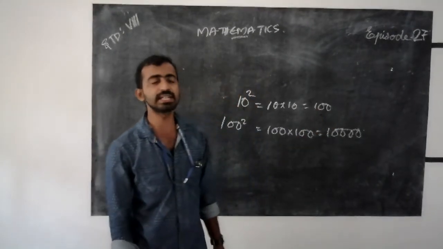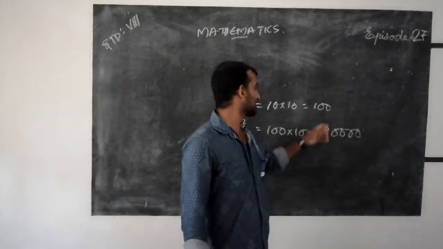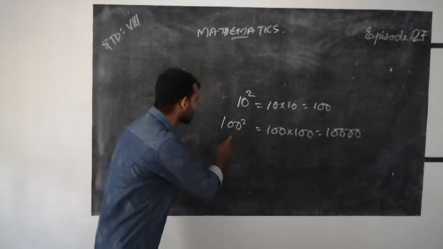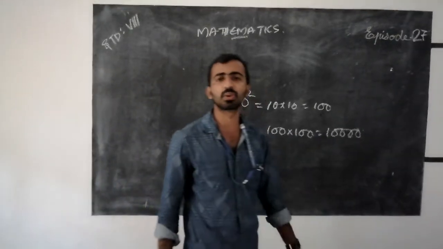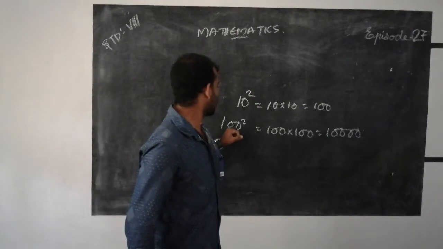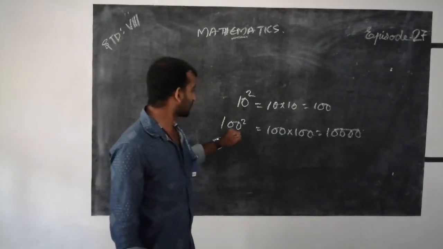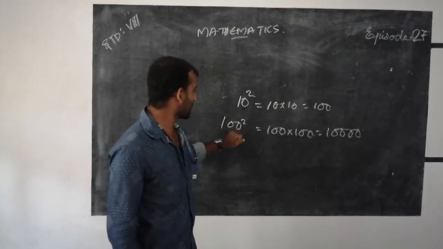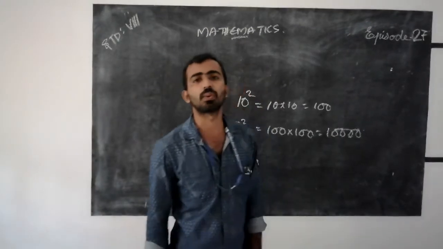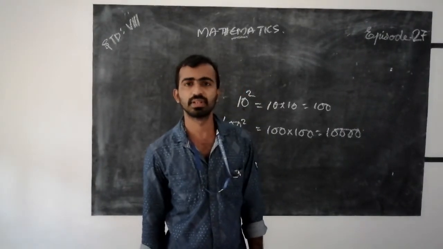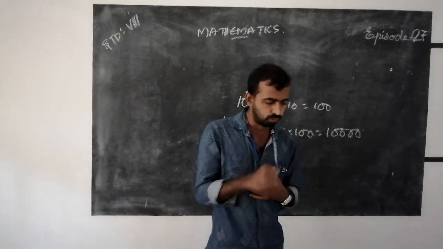For 100, there are 2 zeros, but we get a result with 4 zeros.